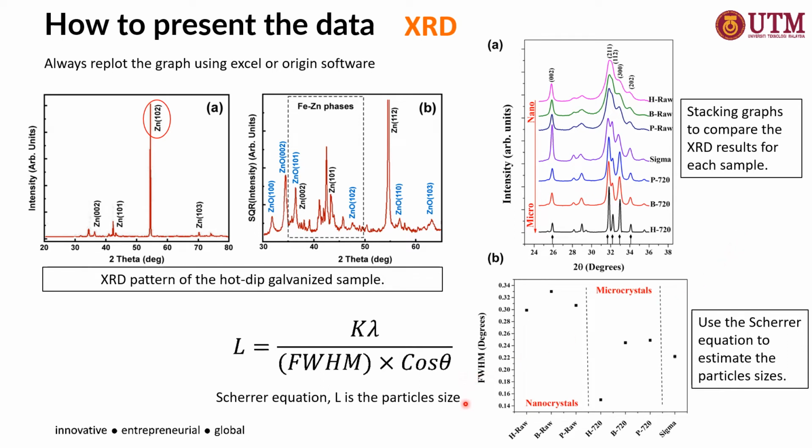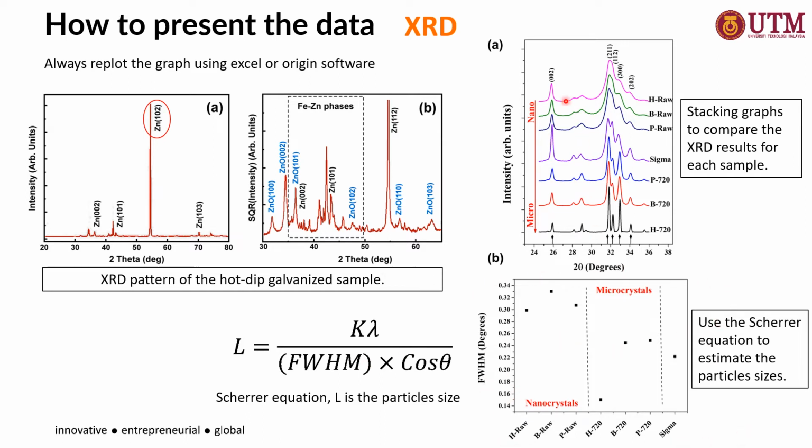Next, to support your data, normally from the XRD we can estimate the particle size of your sample. You can use the Scherrer equation. So this is the Scherrer equation. After you obtain the result from the Scherrer equation, you can also report the data.